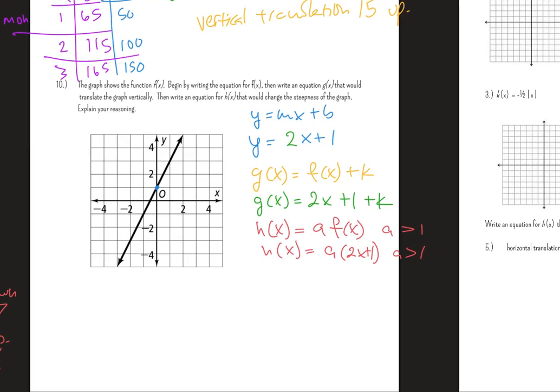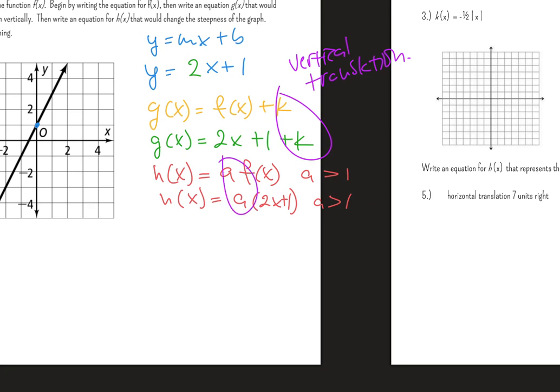So what's our logic here? This makes a vertical translation. And then also same thing here. This makes a stretch. And a stretch would change the steepness.